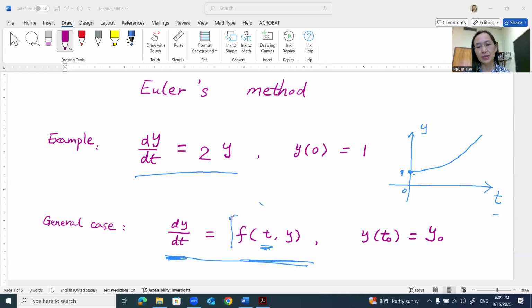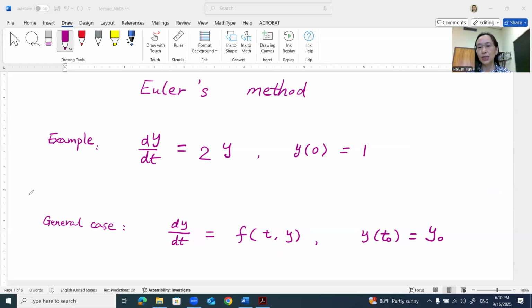So this f means some expression of t and y. So a general case can be time dependent on the right hand side. Also, it can depend on y. So you have this governing equation and the initial data.